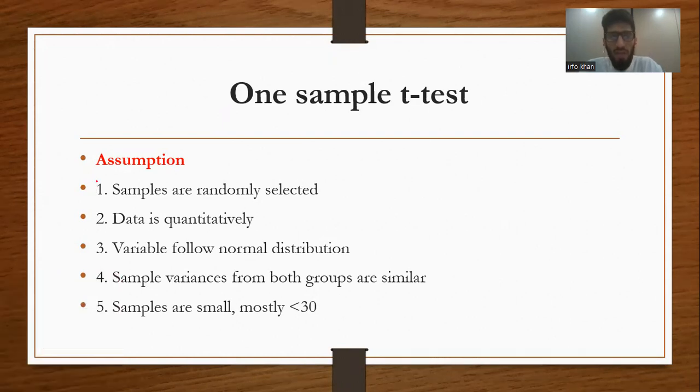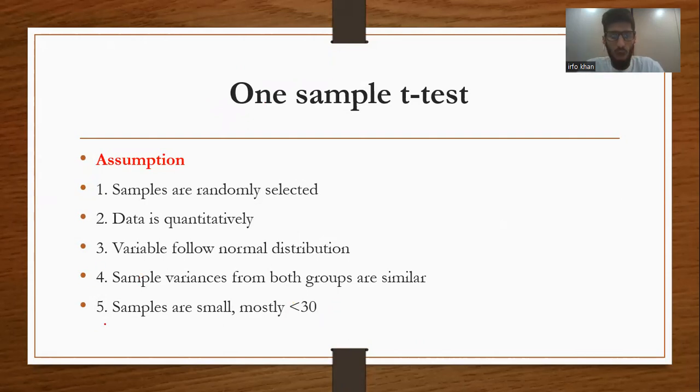So nowadays, the first three assumptions are compulsory. You have to confirm them before applying the one sample t-test. But due to SPSS, if homogeneity of variance is not assumed, you can still apply the one sample t-test. And if the sample size is larger than 30, for example 40 or 50, but not too large like 100 or more, then if it is a little above 30, you can still apply the one sample t-test.